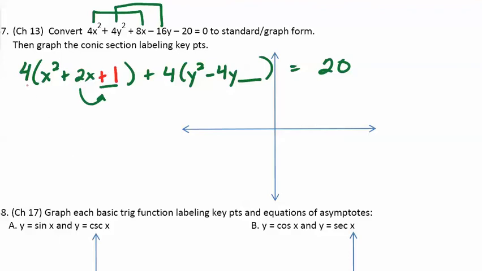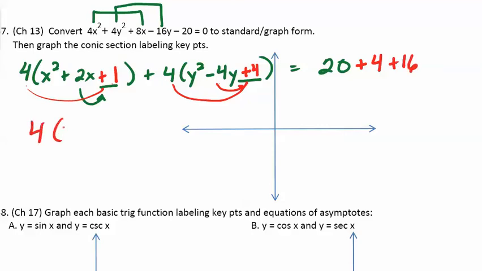And notice that we didn't really add 1. We really added 4. So if I add to the other side, that'll be a 4. And if I take half of this coefficient, negative 2, and square it, but I didn't really add 4. I really added 16.